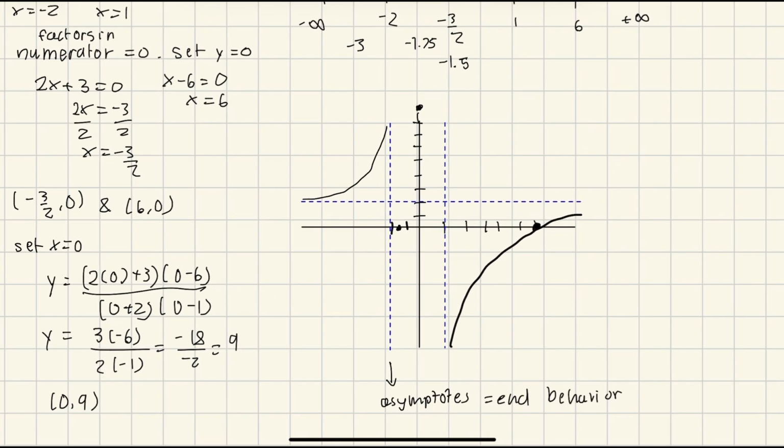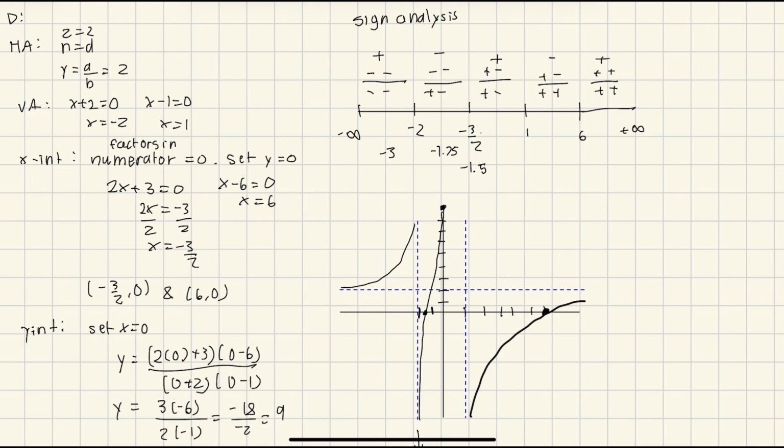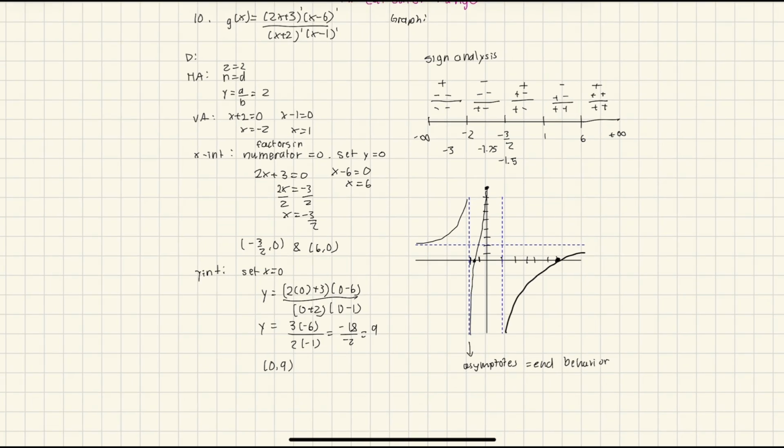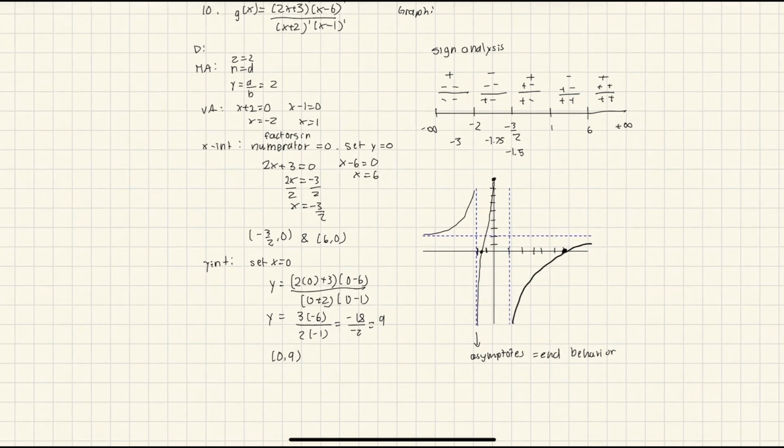From -2 to -3/2, it's going to be on the negative side, but then it crosses. It's no longer negative here, because it goes positive from -3/2 to 1. Over here it was negative, and then it goes back up. So that's basically the big picture of this analysis.